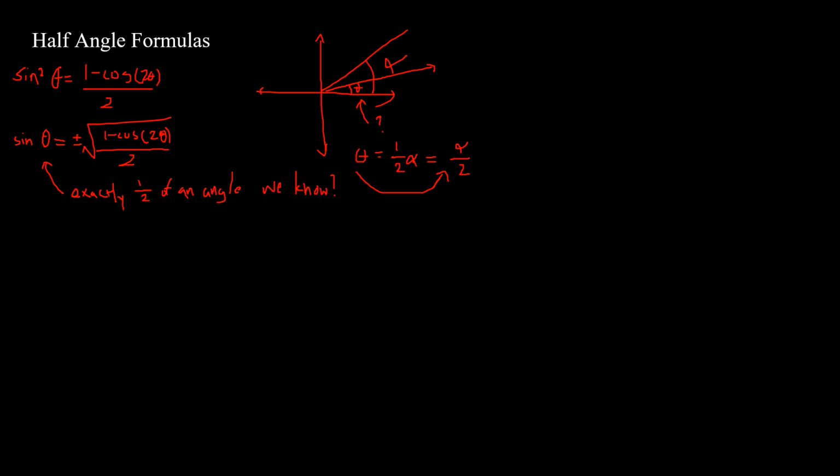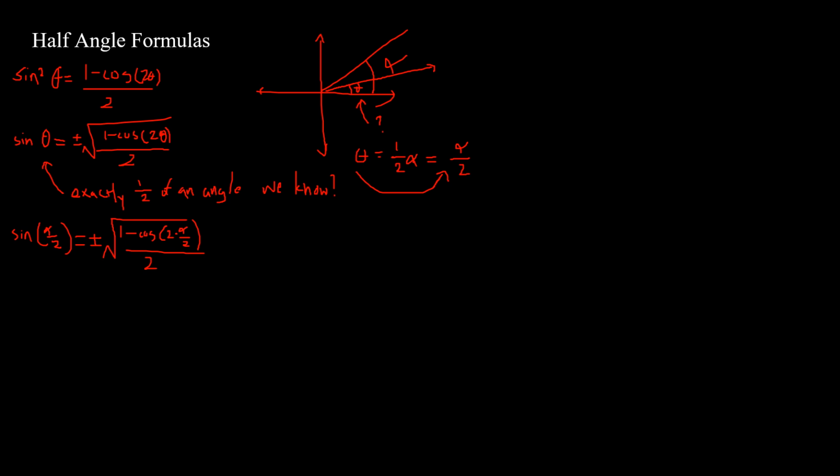So then we're going to get that sine of alpha over 2 is going to be equal to plus or minus the square root of (1 minus cosine of 2 times alpha over 2) over 2.